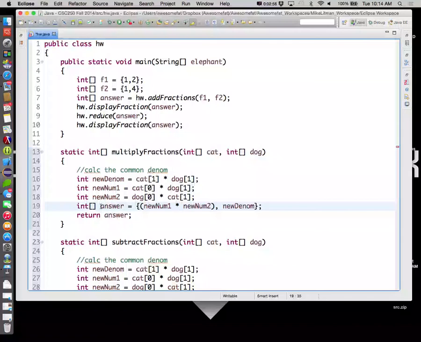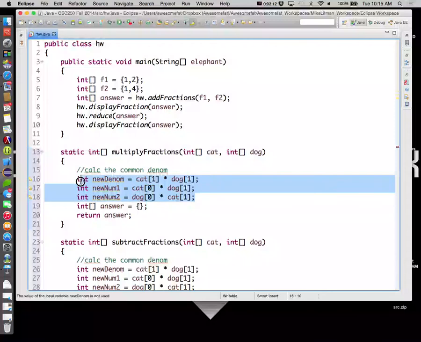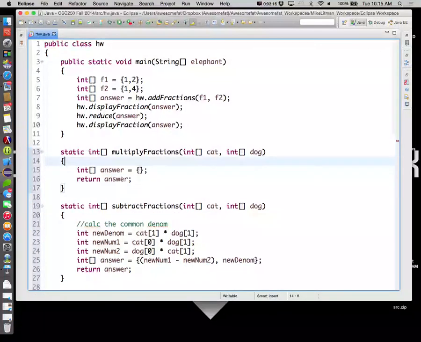Multiply there, but we don't have a new denominator, correct? We actually don't even do new numerator, new denominator. So we don't need a common denominator.